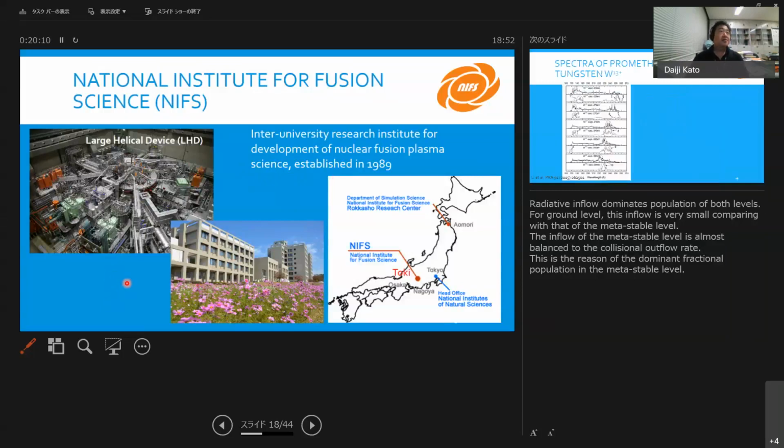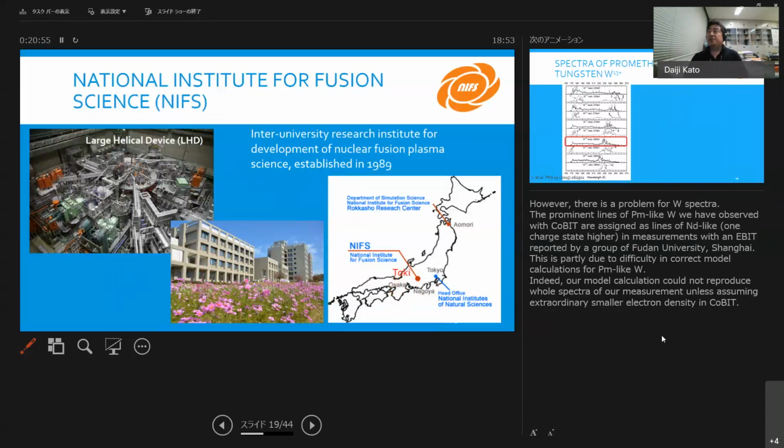For both cases, the population is dominated by the radiative inflow. But the inflow of the metastable state is almost balanced with the collisional outflow, right? On the other hand, for the ground level, the radiative inflow is very, very small compared to the metastable level. So this is the reason why the dominant fractional population is in the metastable levels. The population in the metastable state is more than 10 times larger than the ground level.